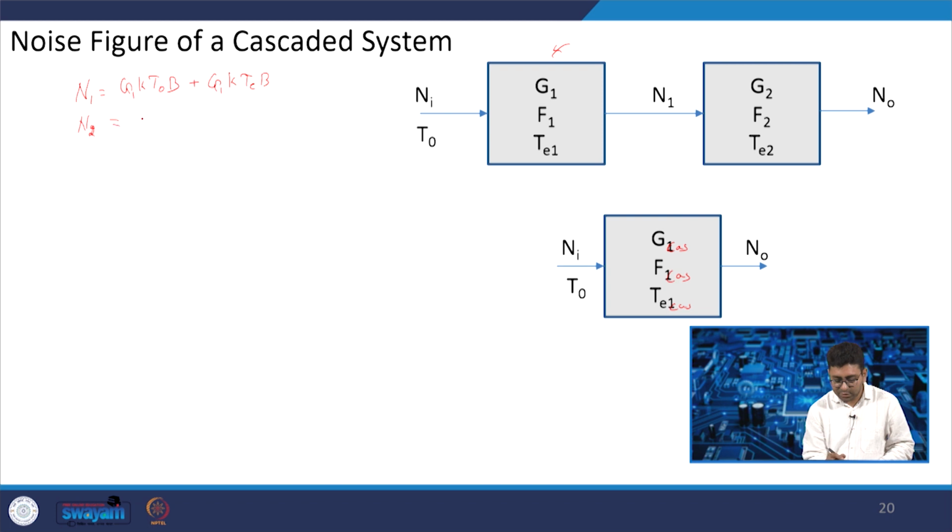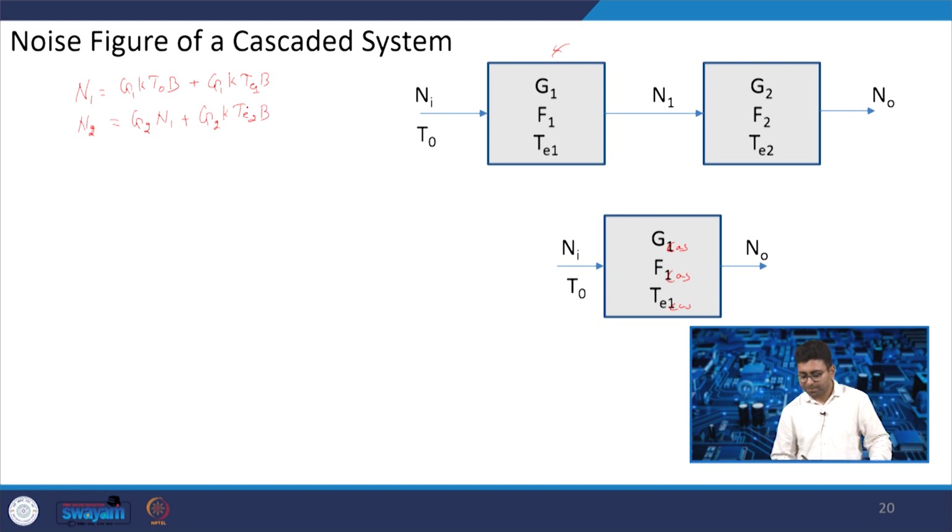N2 is equal to G2 multiplied with the N1, plus it will also add the G2 k TE2 B.